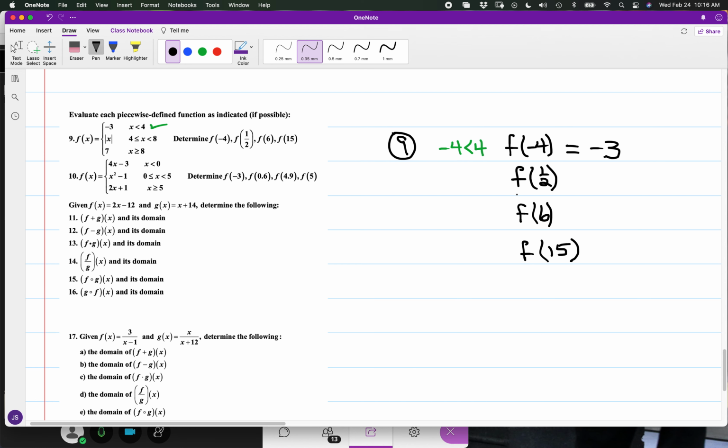Now for f of 1/2, guess what? 1/2, like negative 4, is also less than 4. And again, for any input that is less than 4, the output is going to be negative 3.